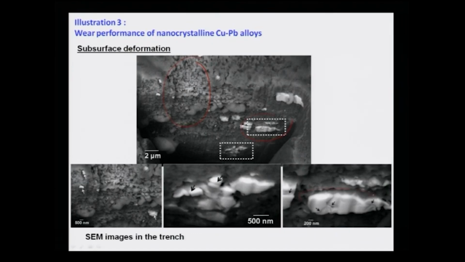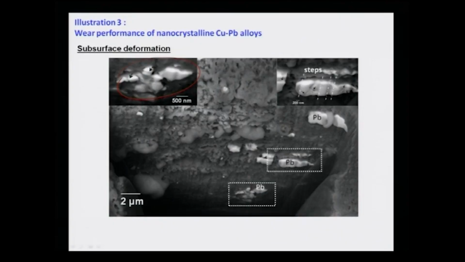Even some of the lead particles can be seen to be fractured, steps formed, and in some cases they are sintered. So, all kinds of phenomena can be easily observed with subsurface imaging using focused ion beam. This is again shown here: how different particles have fractured, or steps have formed, or sintered.